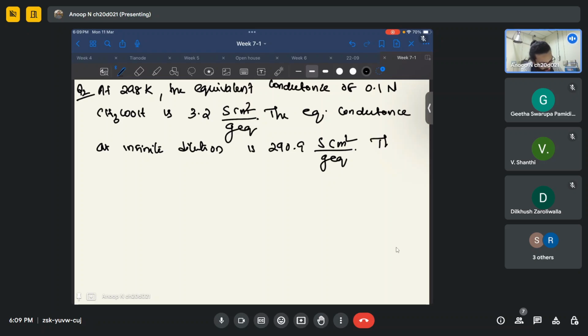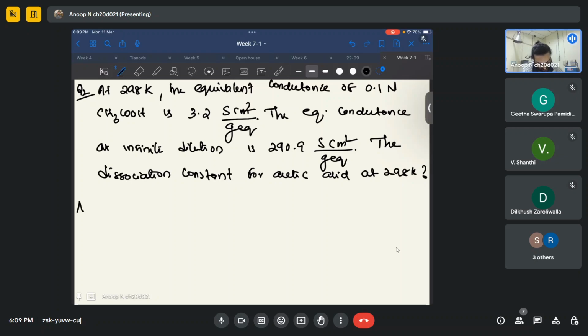The dissociation constant for acetic acid at 298 Kelvin.